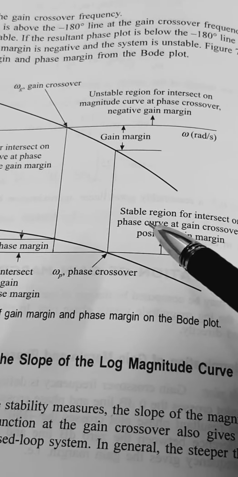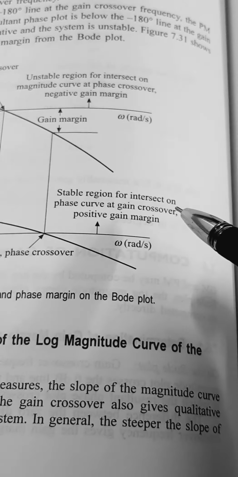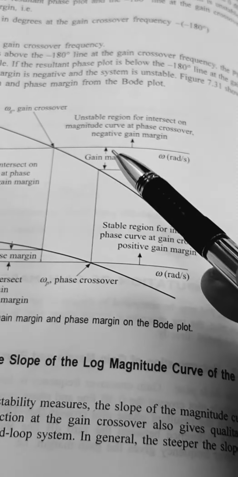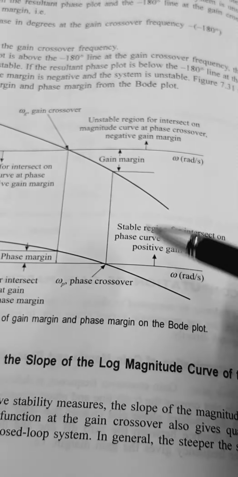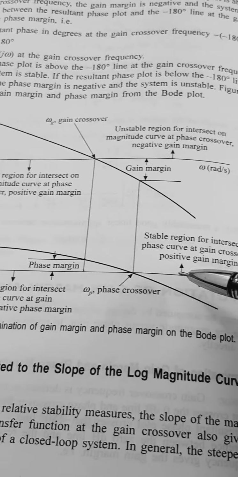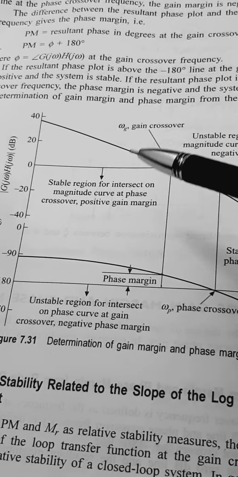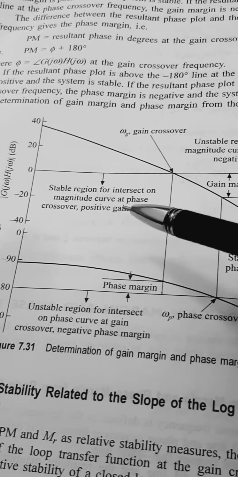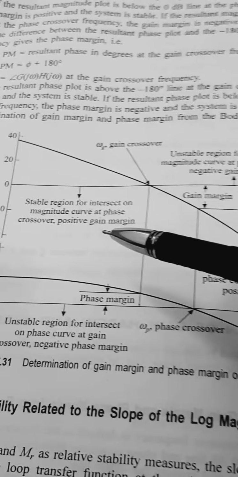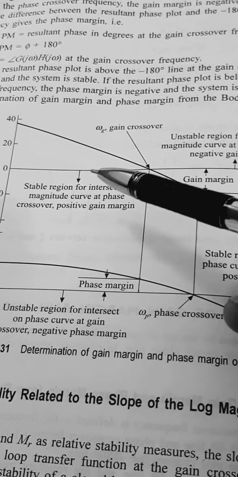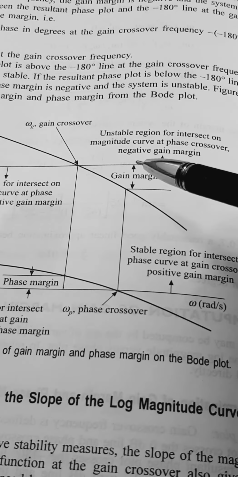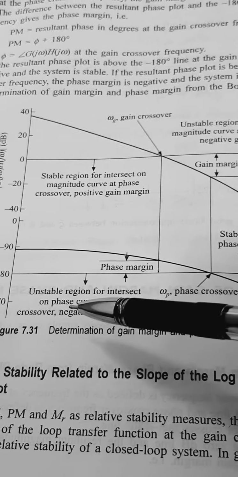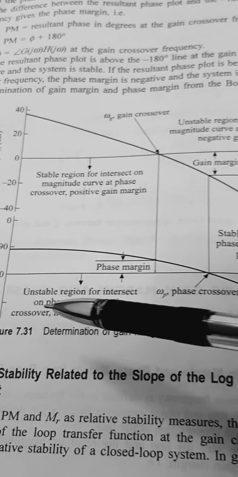Here you can see the stable region for the intersection on the phase curve at the gain crossover, positive phase margin. In this direction it is a positive, stable region, and similarly here is the stable region for the intersection on the magnitude curve at the phase crossover, positive gain margin. Here is the unstable region for the intersection on the phase curve at the gain crossover.